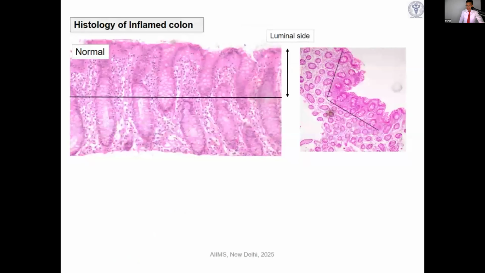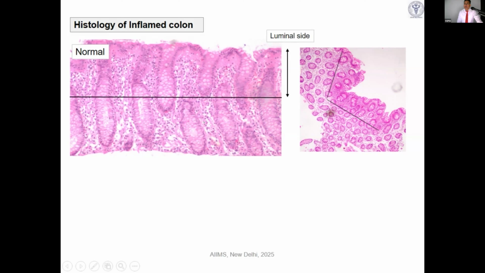Now, when a biopsy or the colon is inflamed, you have to divide the mucosa into two halves. This is the upper half, and this is the lower half. In a normal colon, we see lymphocytes and a few plasma cells in the upper half.